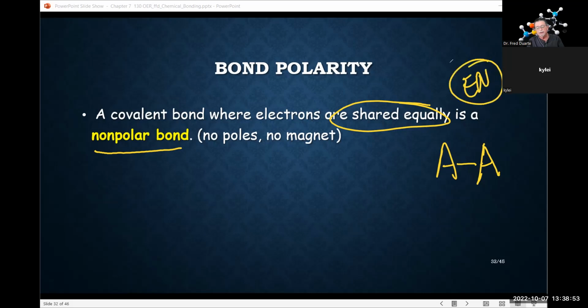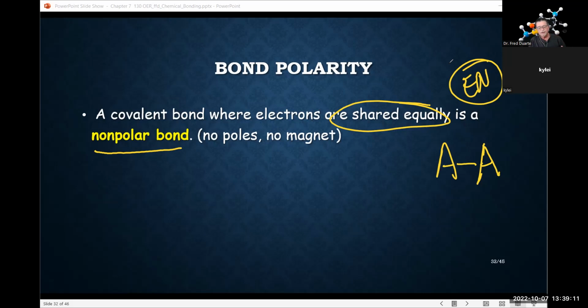Electronegativity is the measure of the affinity of an atom that is bonded to another atom for electrons, the affinity to pull electrons onto itself, okay?